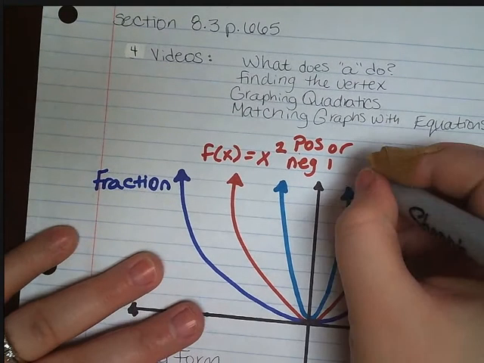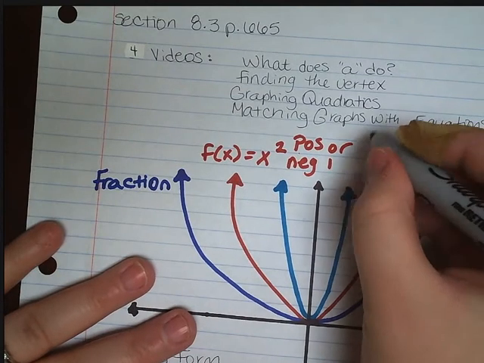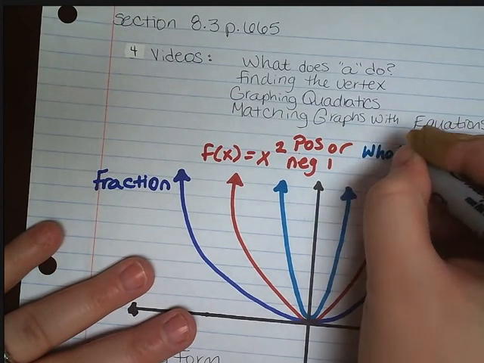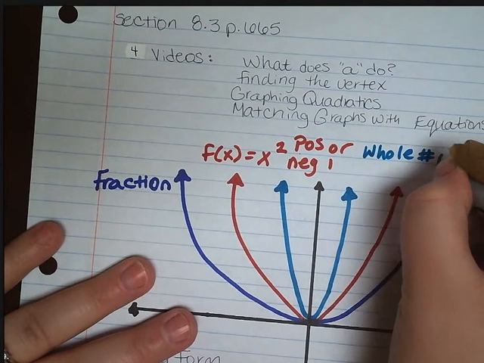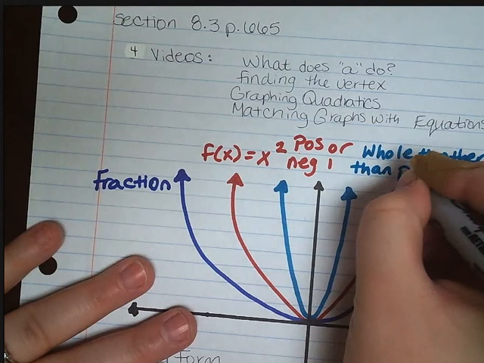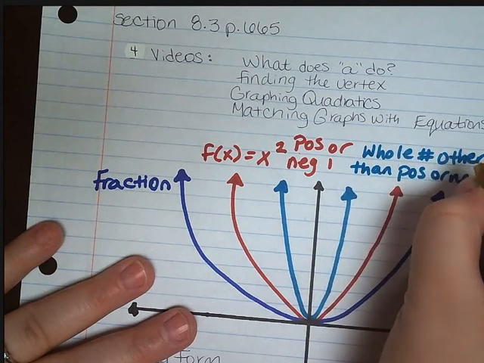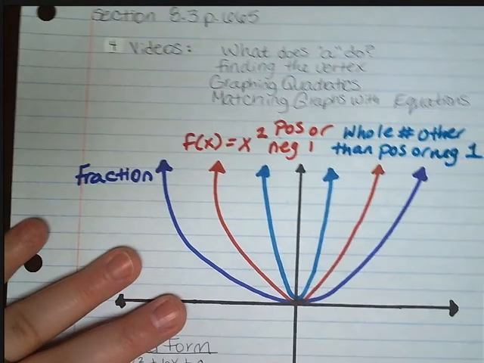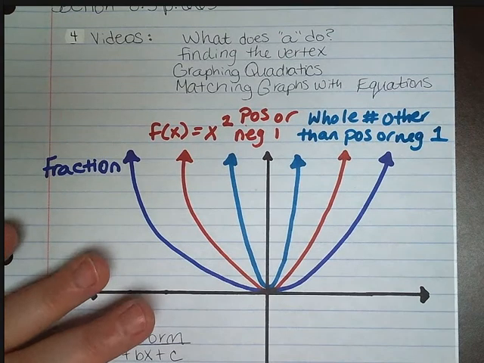So it's if a whole number other than positive or negative 1. Okay, so hopefully that color coding helped you.